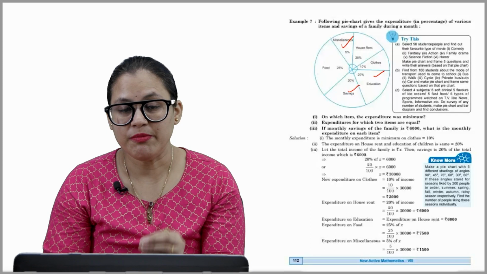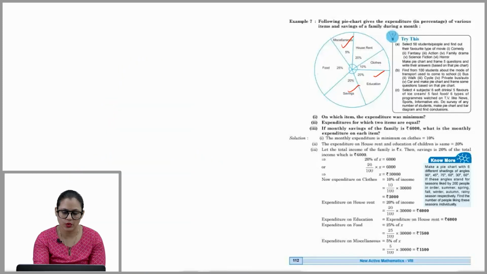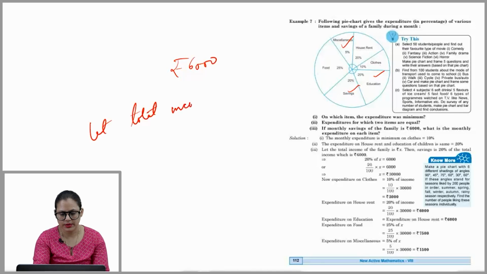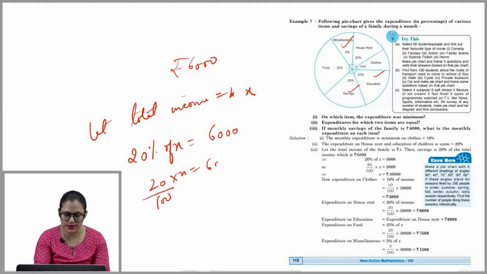Number 3, the family income is 6,000 rupees. This is 20%. So 20% of X is equal to 6,000.